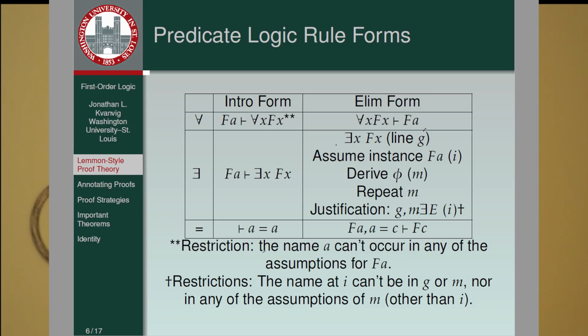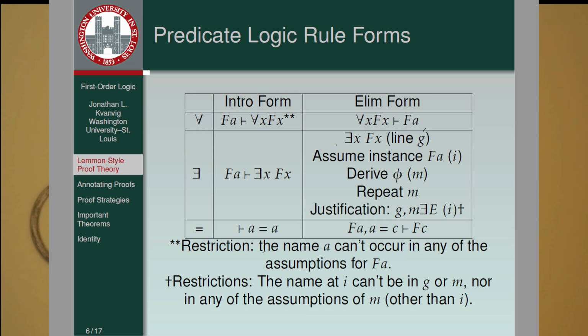Given all of this additional apparatus, we need intro and elim rules for universal quantifiers and for existential quantifiers. And they work just as you might expect. So if you have a formula that has no bound variables in it, so take capital F, lowercase a, or capital F, lowercase x. Doesn't make any difference. Universal introduction lets you derive for all x, Fx, from either of those two formulas.